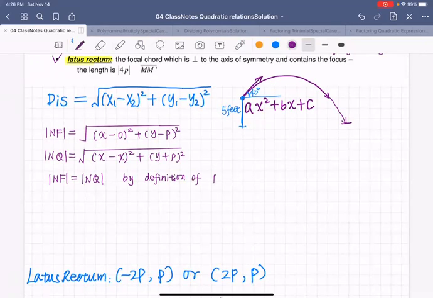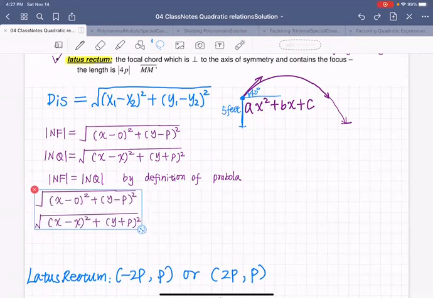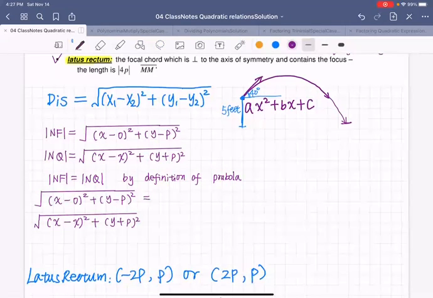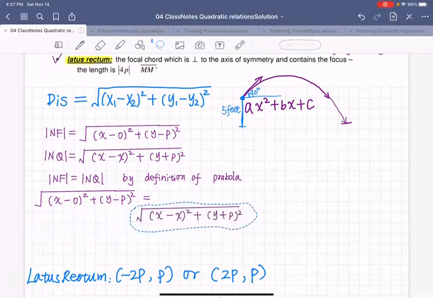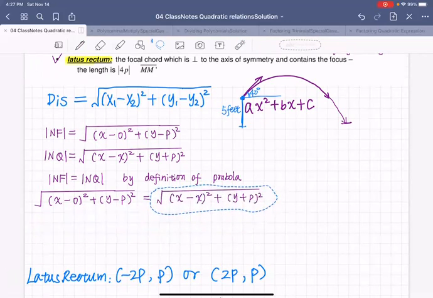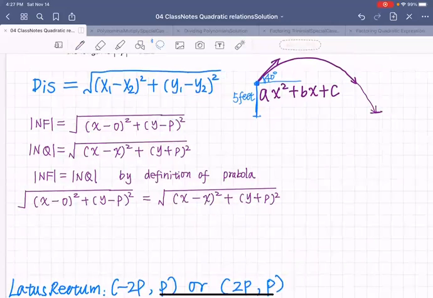So you can list that. That makes sense, right?